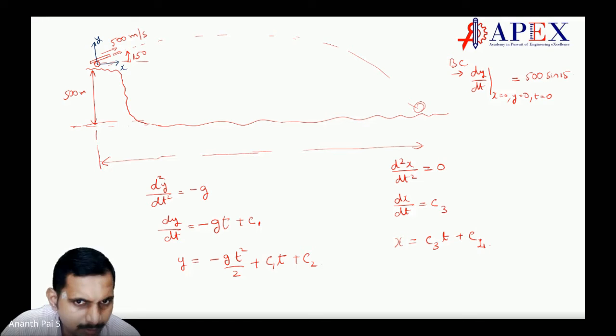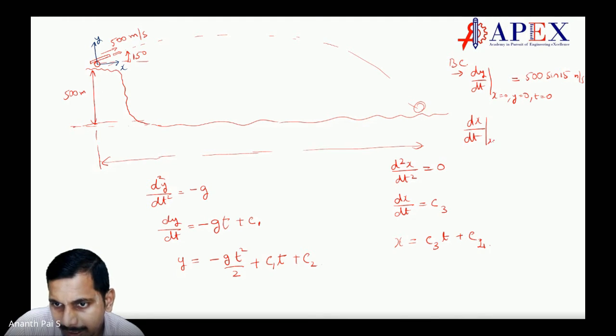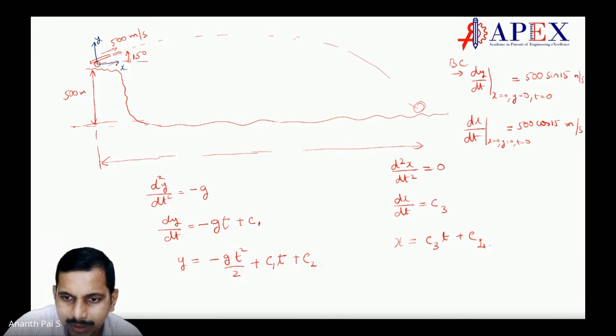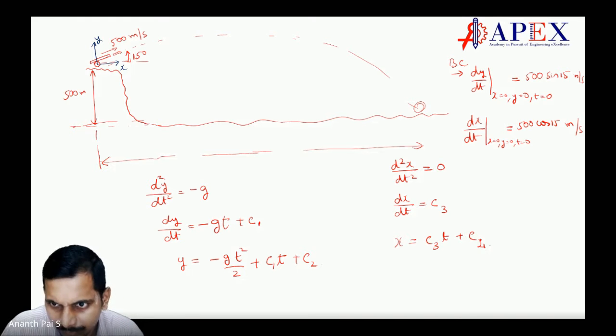It is nothing but 500 cos 15 meters per second. You can put that here and find c3.